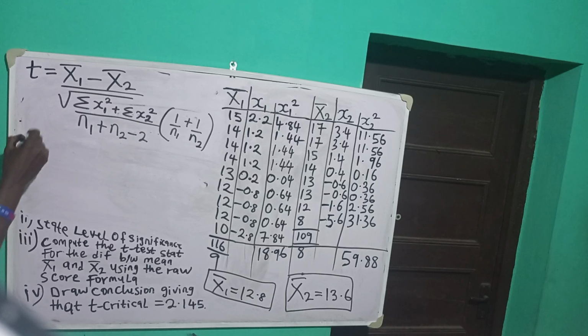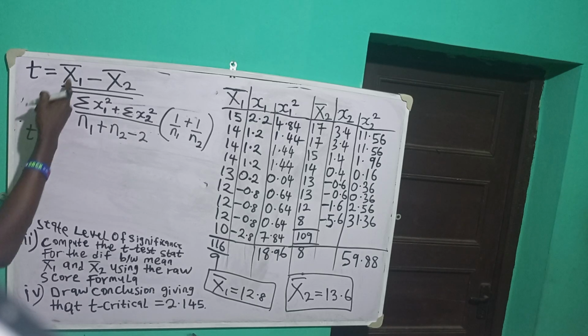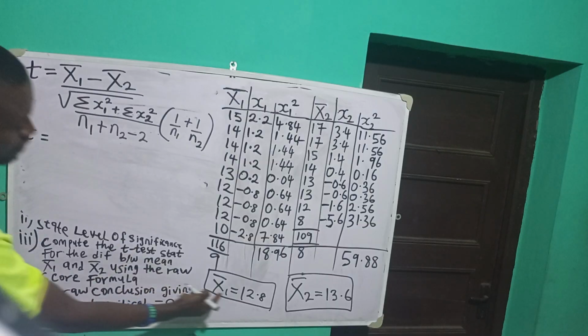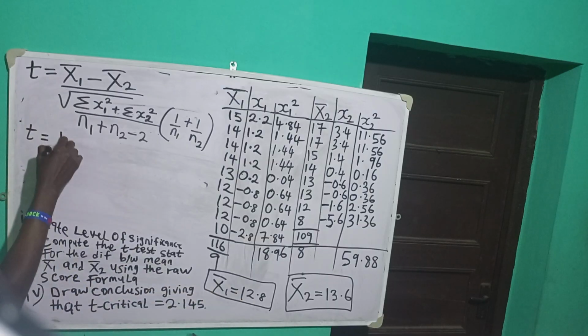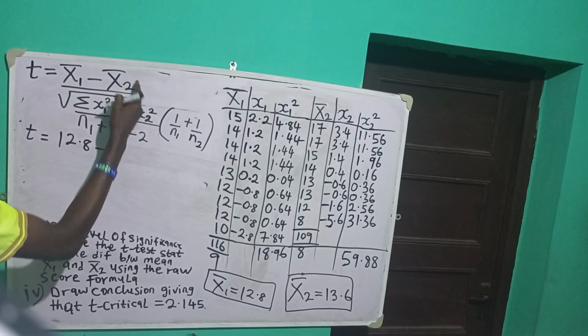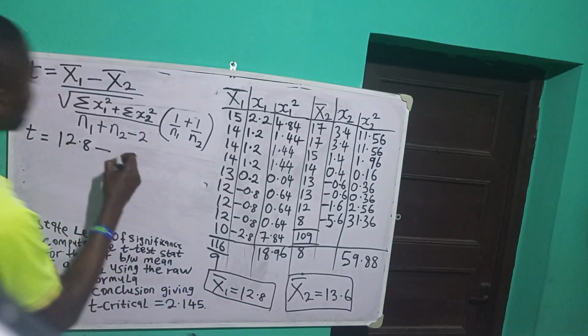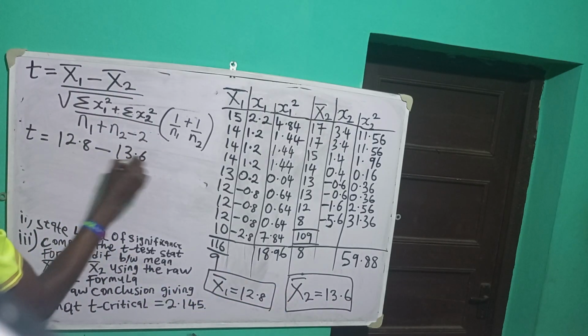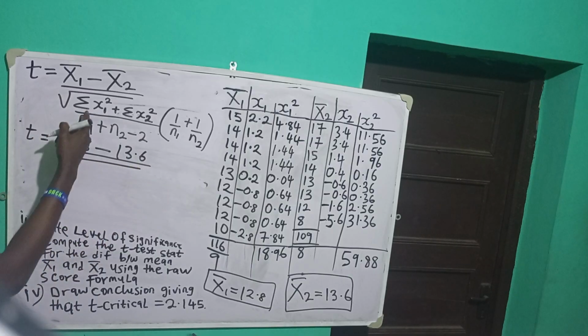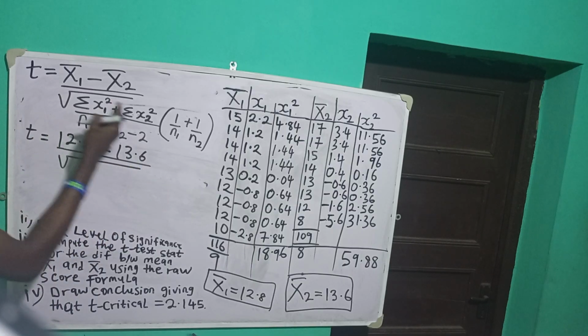So using this formula, t is equal to the mean of 1, which is 12.8, minus the mean of 2, which is 13.6, divided by the square root of the sum of deviation 1 squared.